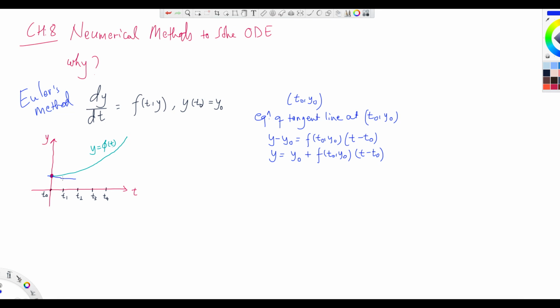So that point is (t1, y1), right? What do we do? At t equals t1, let y be y1. That's what we are assuming there. That point is t1 comma y1. So how do I approximate that y1 value?